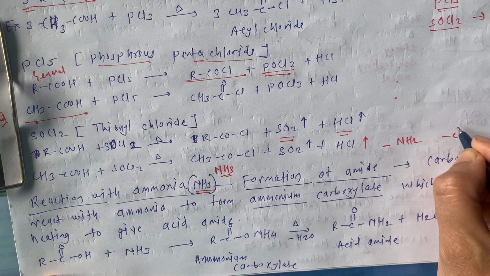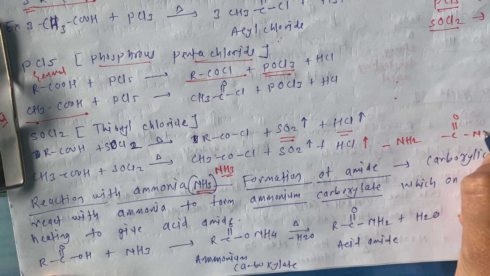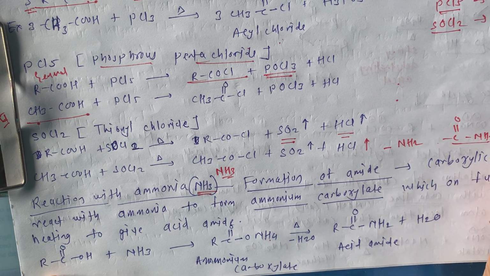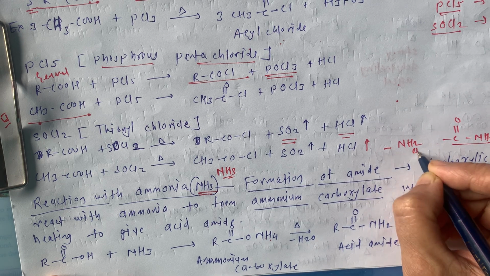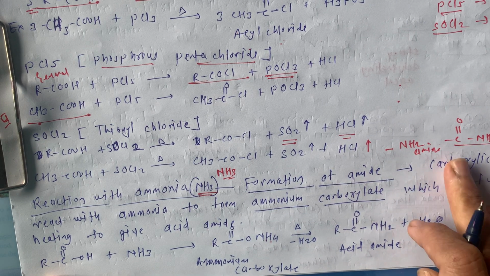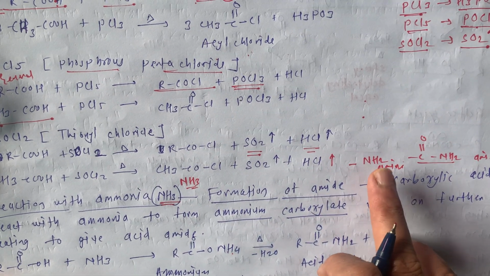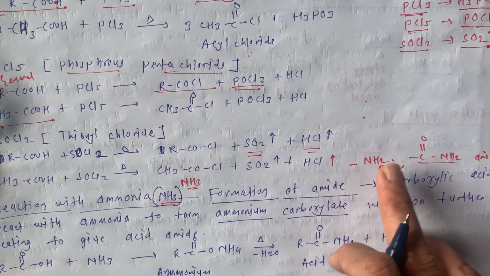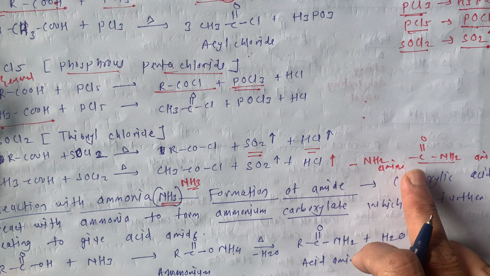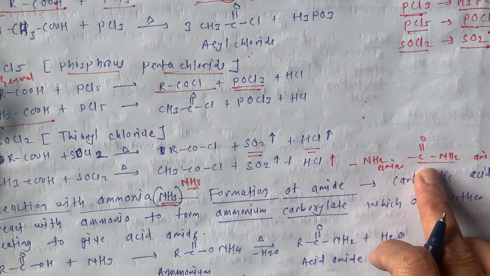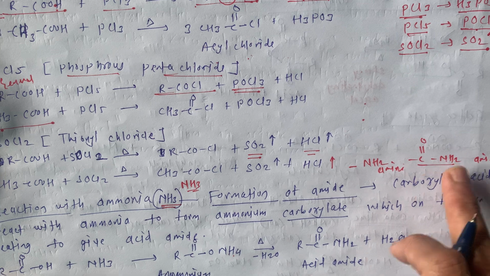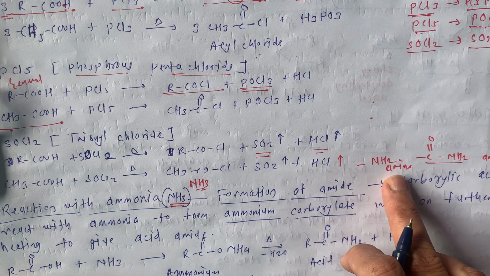When there is an amide, then there is C double bond O NH2. This is amide, and this is our amine. So remember the different functional groups. Up till now, when I am saying something, the structure must be in front of you. So this is amide when there is a carbonyl group and NH2. When there is just NH2, then this is amine.